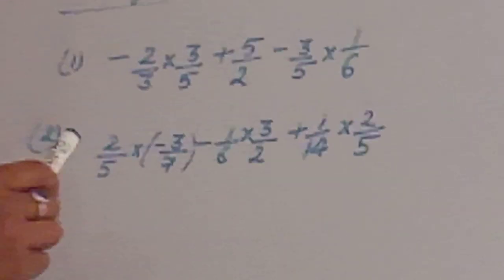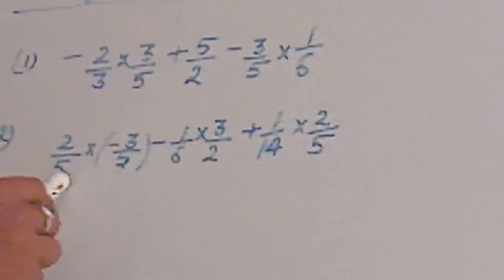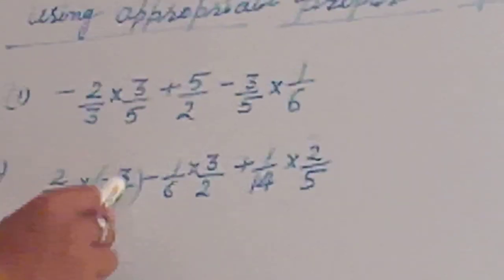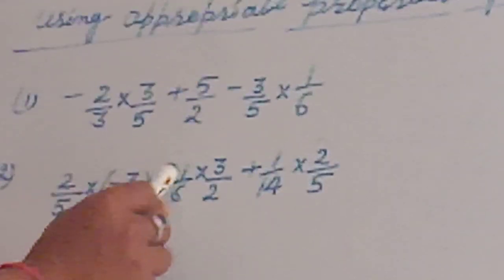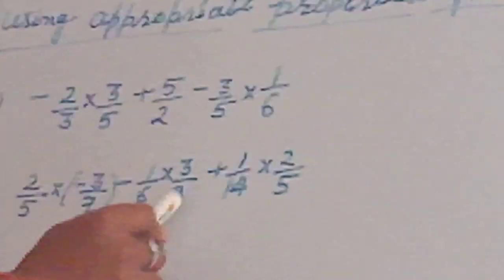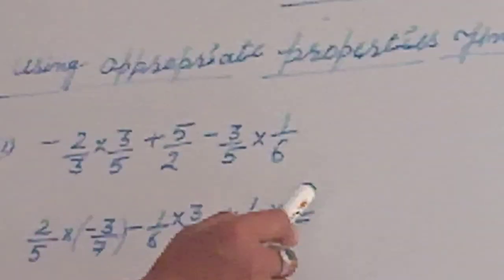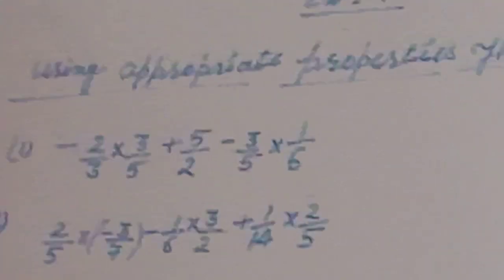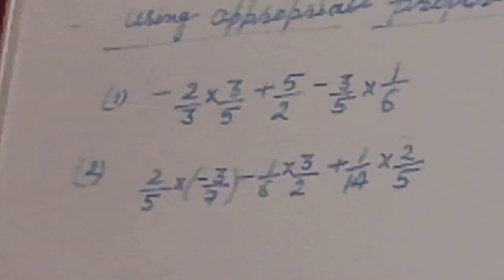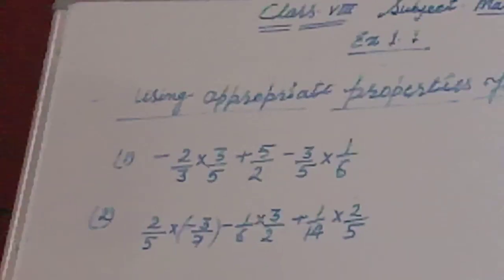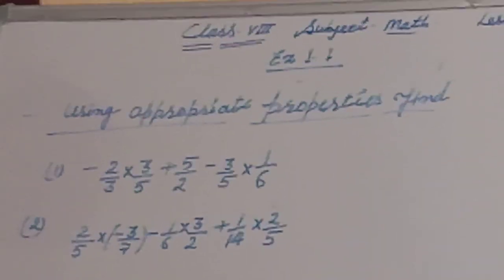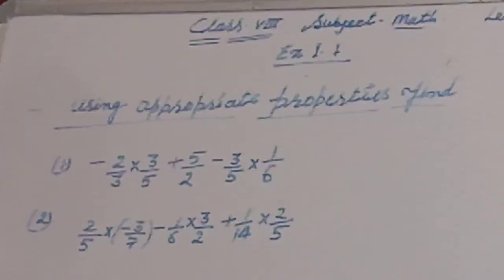And question number 2: 2 upon 5 into minus 3 upon 7 minus 1 upon 6 into 3 upon 2 plus 1 upon 14 into 2 upon 5. Everyone do these questions in a fair copy, and the properties also.